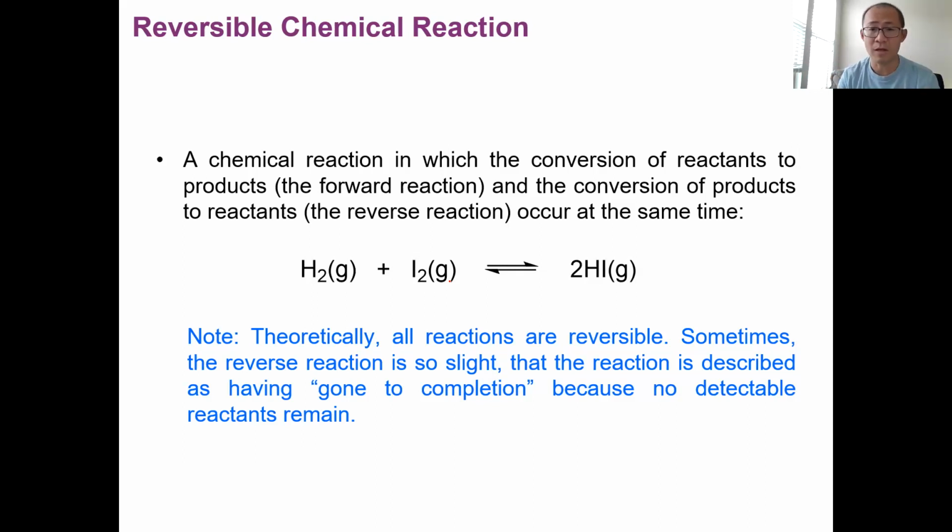Secondly, we talked about the basic concepts, the collision theory, to explain why a chemical reaction can take place and what needs to be satisfied for a chemical reaction to take place.